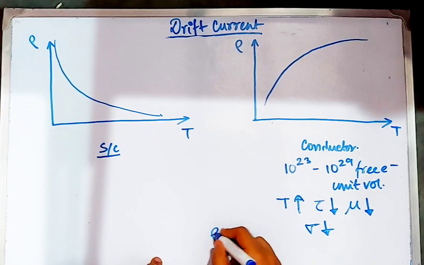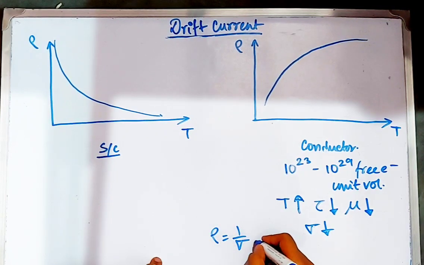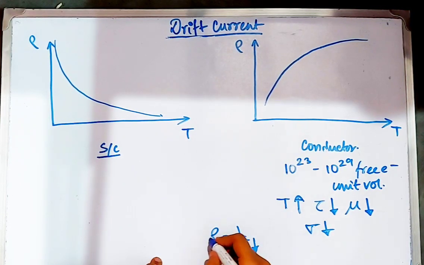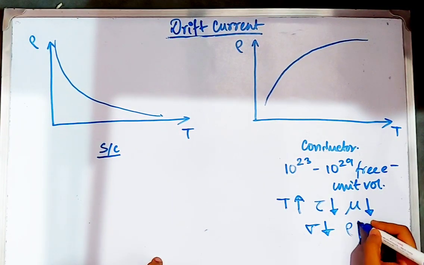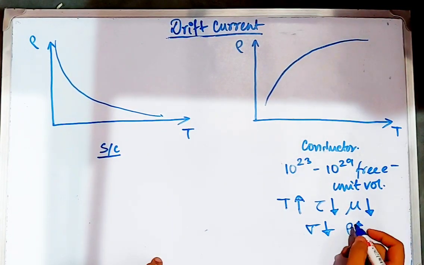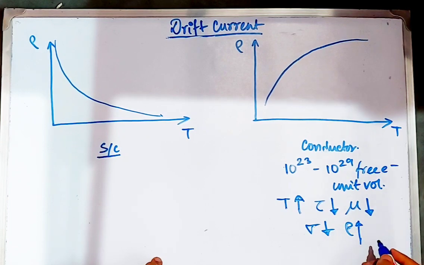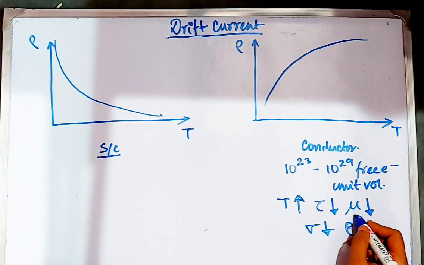And we know that resistivity is 1 by conductivity. So if the conductivity decreases, then the resistivity increases, because they are inversely proportional to each other. So that is why the resistivity is increasing in case of a conductor.